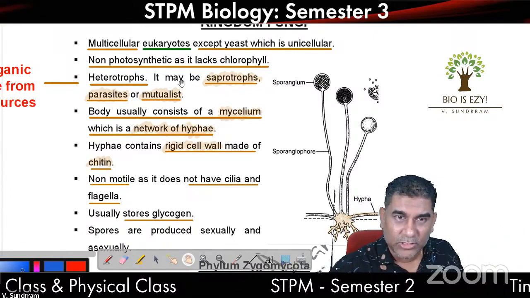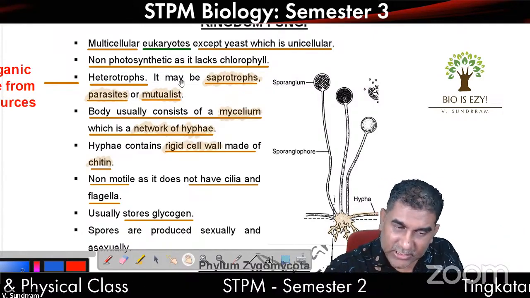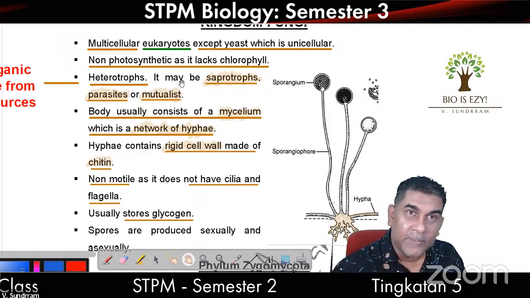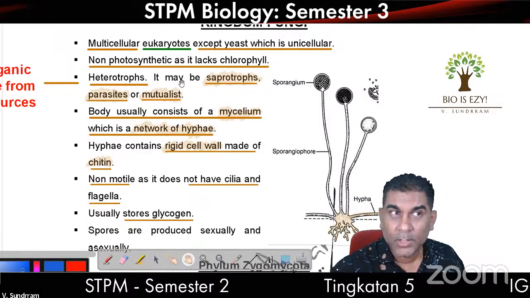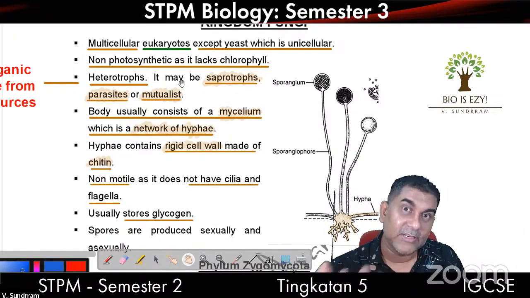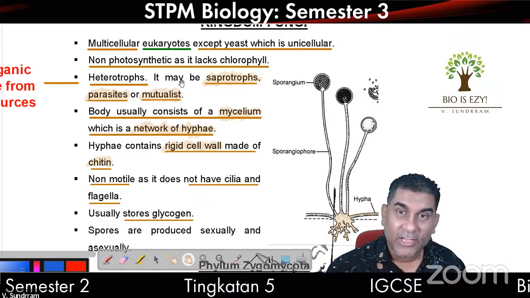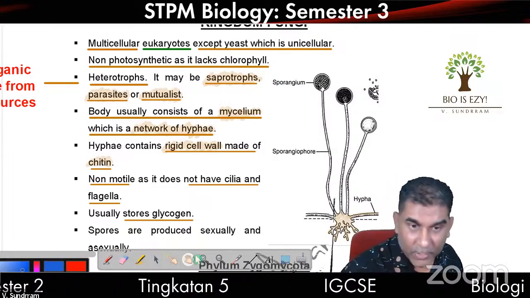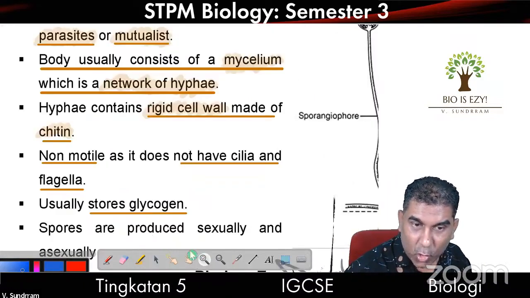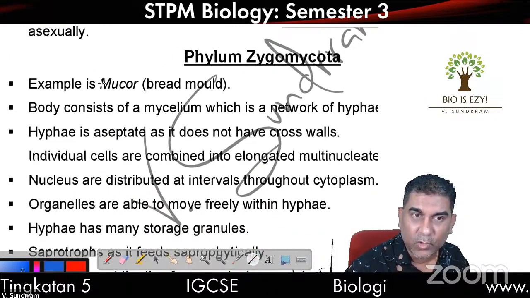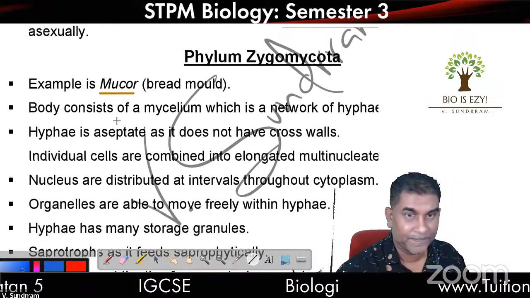Inside the house is also okay. You see fungi growing on the bread. The common name is bread mold, kulapo roti in Malay. The scientific name is Mucor. So that is Zygomycota. The example is Mucor. Need to know the name.